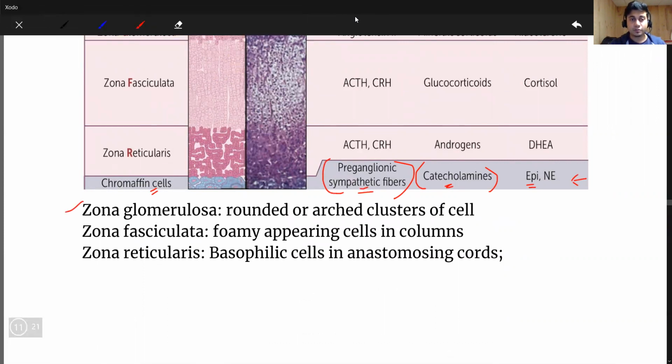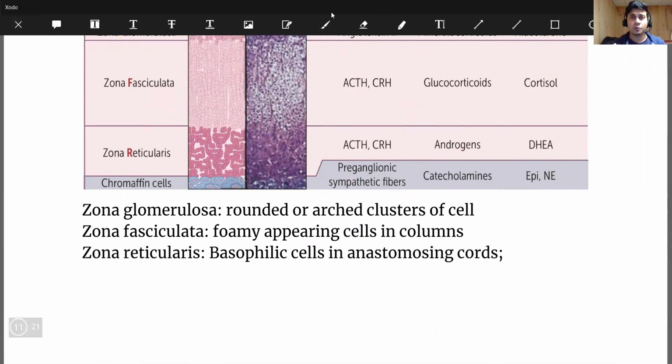Now here's a description of the cells of the different layers of your adrenal gland, and sometimes questions are asked about what type of cell this is, or they describe histological criteria of the cell and ask what type of hormone is produced from the cell. Like the zona glomerulosa, the cells are rounded or arched clusters of cells.